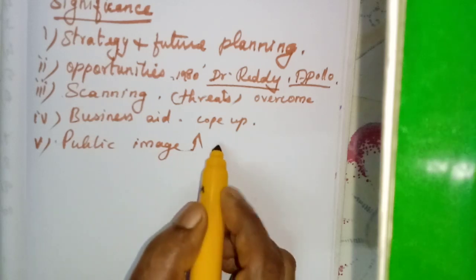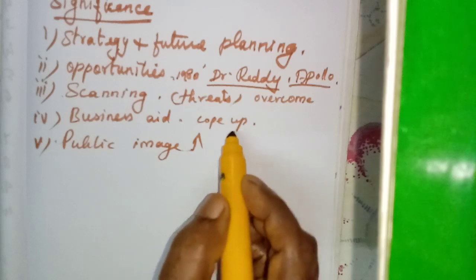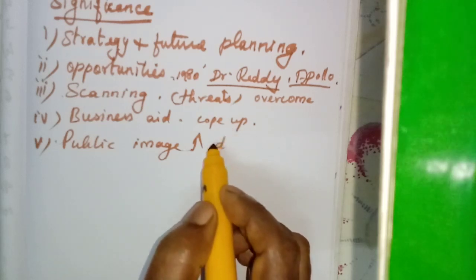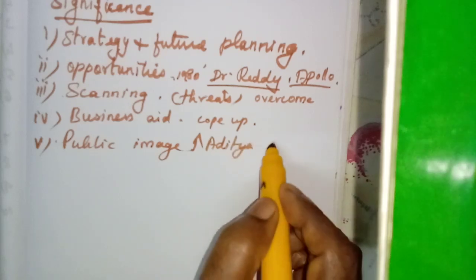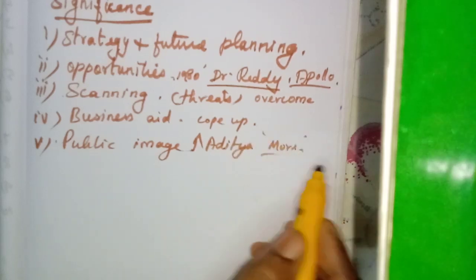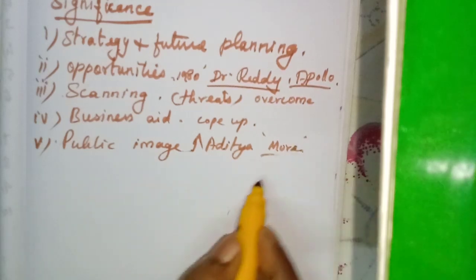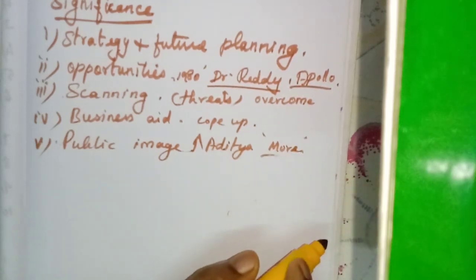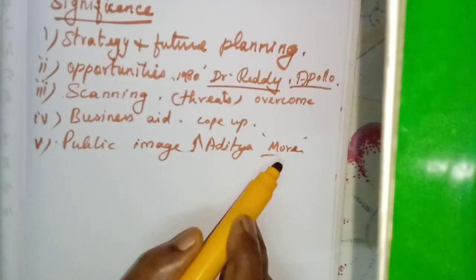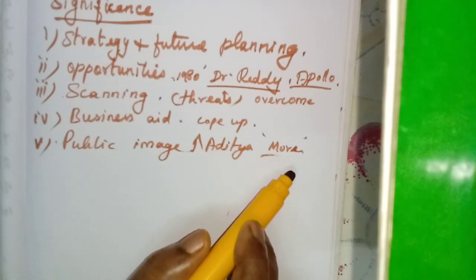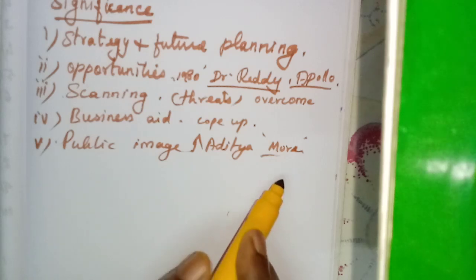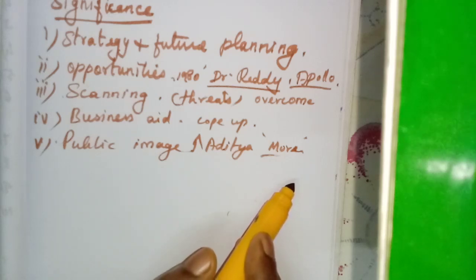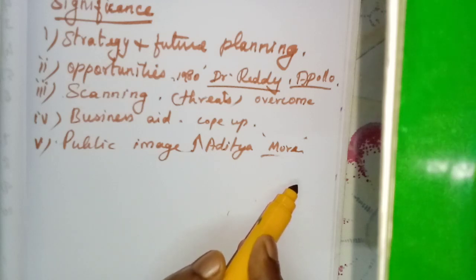Here also there is a living example, the Aditya Birla group. I do not have an idea about exactly what they supply. They provide large scale retail stores, like Amazon, which even provides provisions, as we have heard.